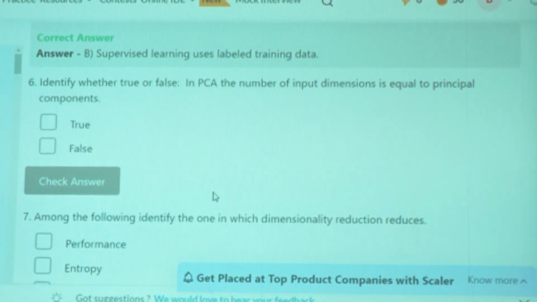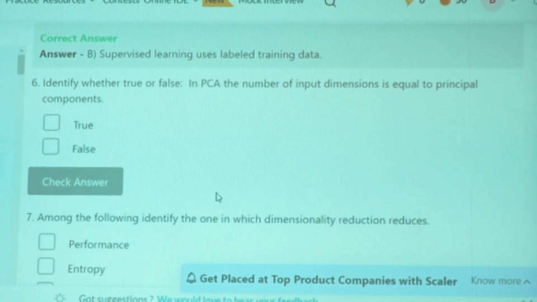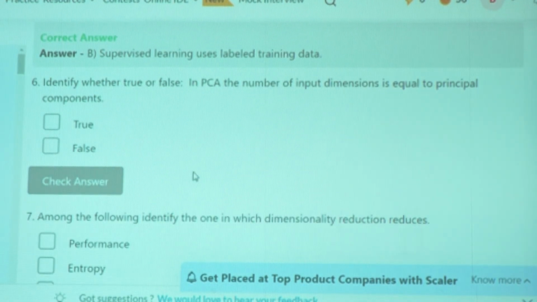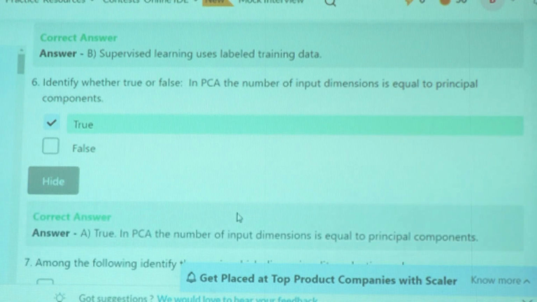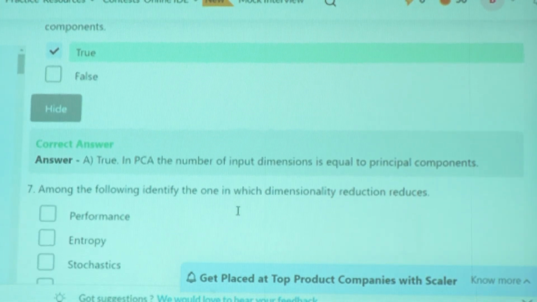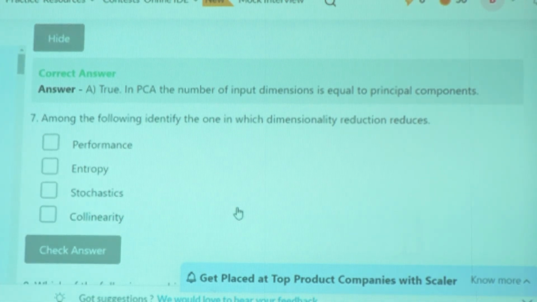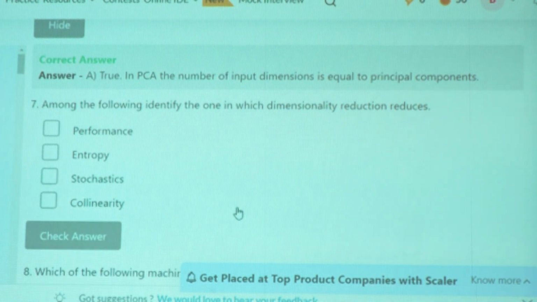True or false? And what is this? Dimensionality reduction.